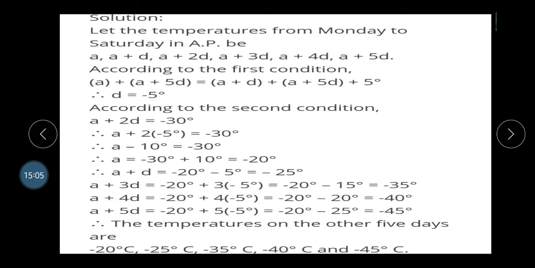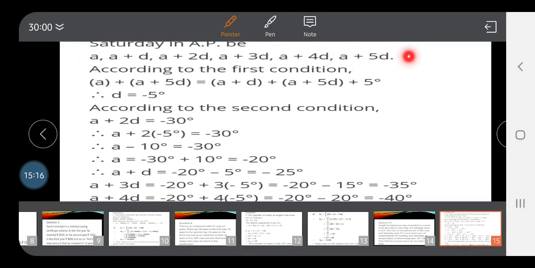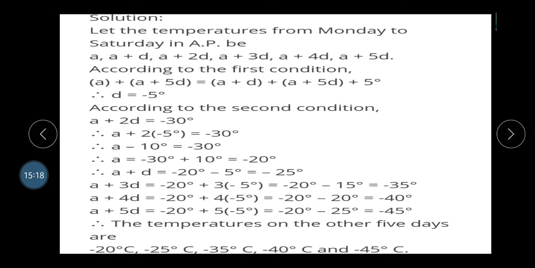The first condition says the sum of the temperatures of Monday and Saturday. That means this is Monday and this is Saturday. Monday and Saturday is equal to 5 degrees more than the sum of the temperatures of Tuesday and Saturday.